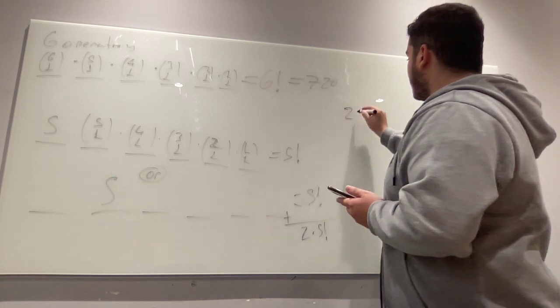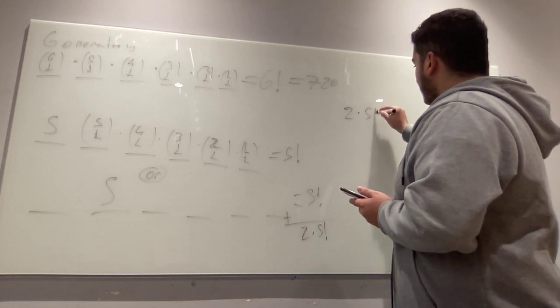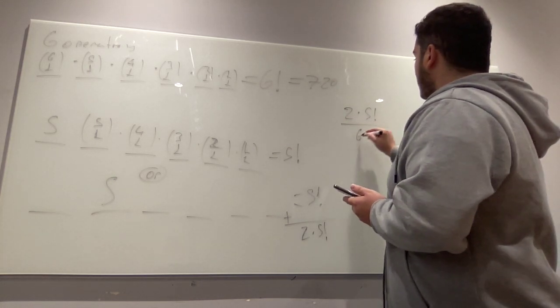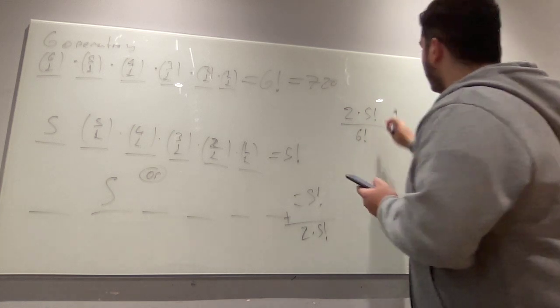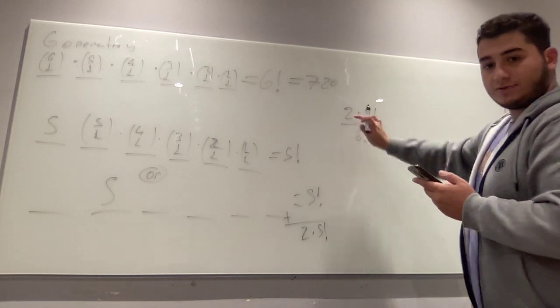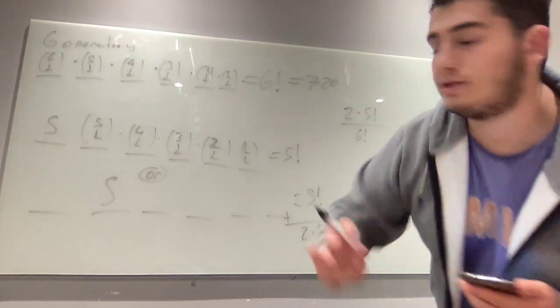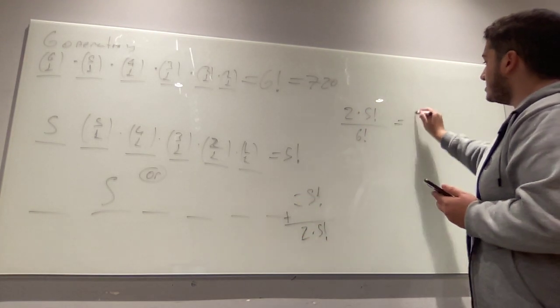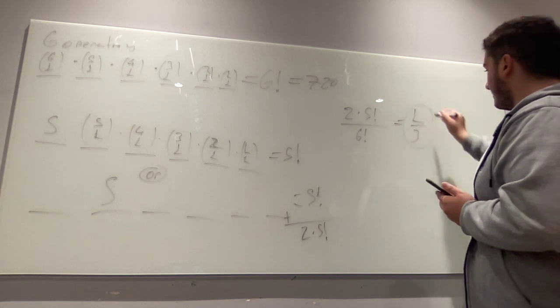To find the probability from the naive definition, 2 times 5 factorial over 6 factorial, that's 2 times 1 over 6, which is 1 over 3.